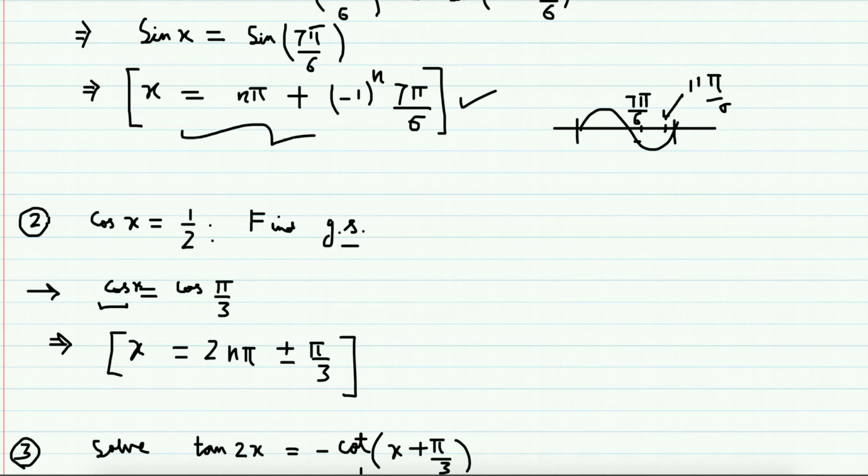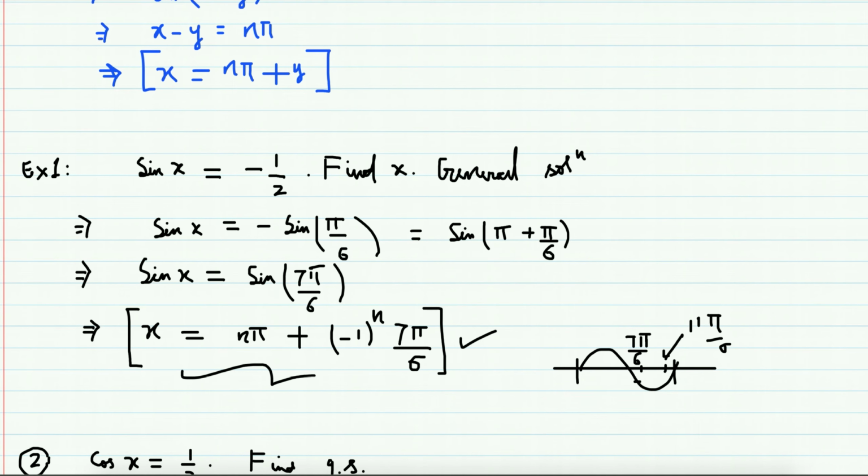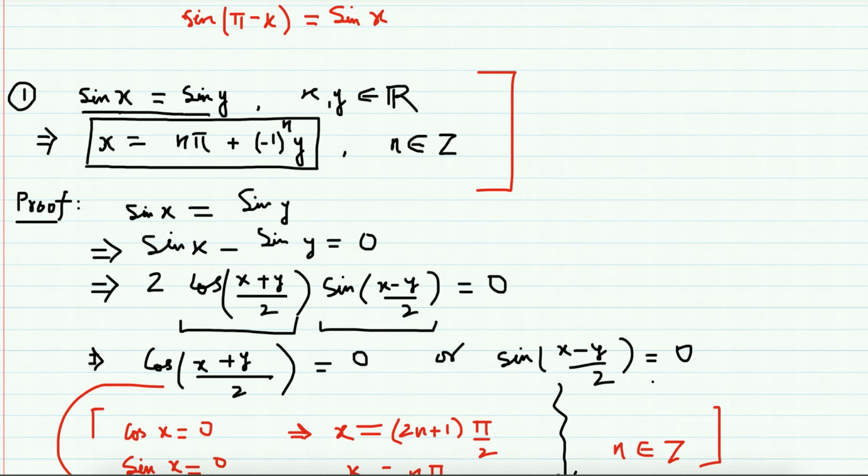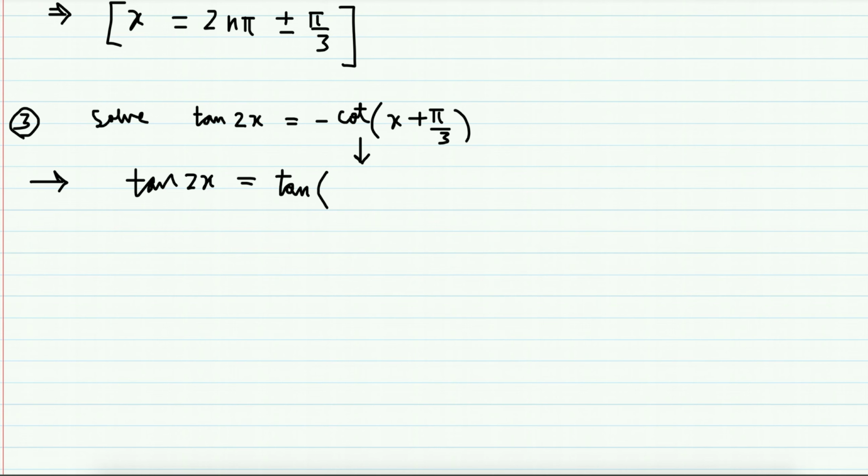Here it's cos x and again cos of some other number, here also sin x and then sine of some other number. So we have to bring it into one of these three forms. So here we will convert this cot to tan.